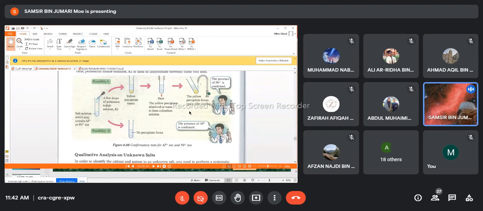Okay, itu dia punya ciri khas dia lah. Kalau ada lead 2 ion ni, tak kira lead 2 iodide, lead 2 chloride, dia punya sifat dia macam ni. Bila panas dia larut, bila sejuk dia muncul balik. That is the characteristics of the lead 2 ion in the forms of the compound.